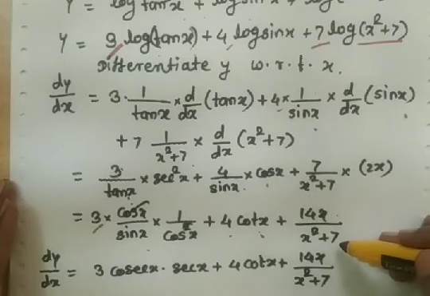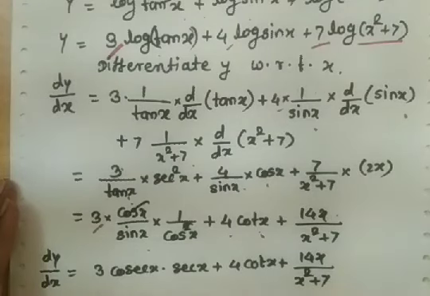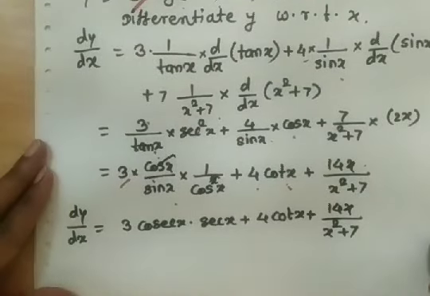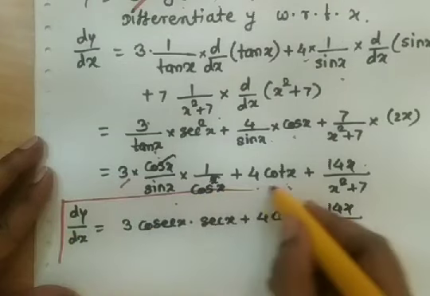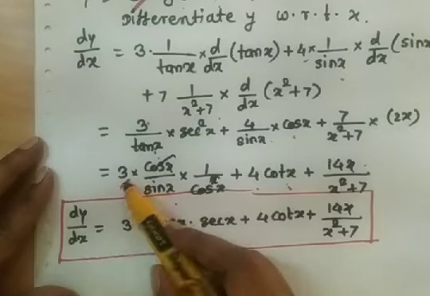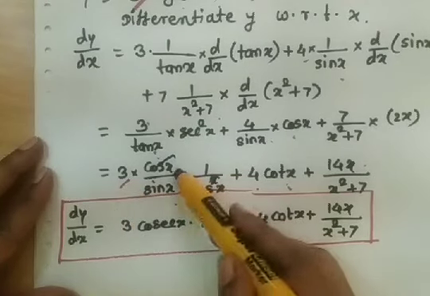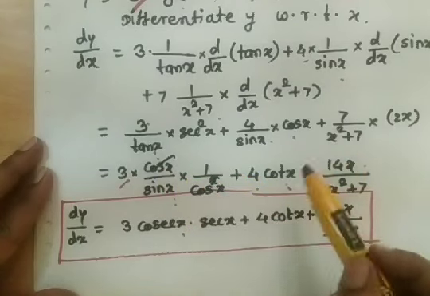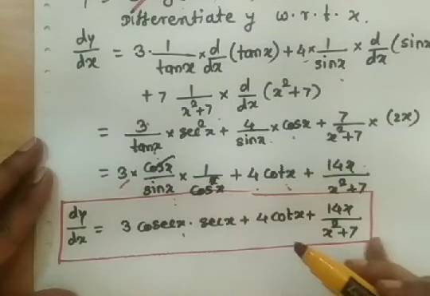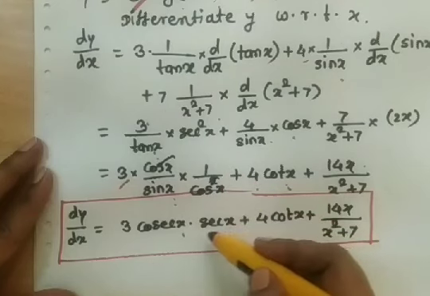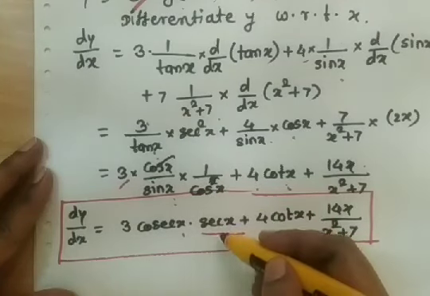After simplifying, the final answer is dy by dx equal to what? 3 into 1 upon sin means cosec x. One cos gets cancelled and 1 upon cos remains, which becomes sec of x.